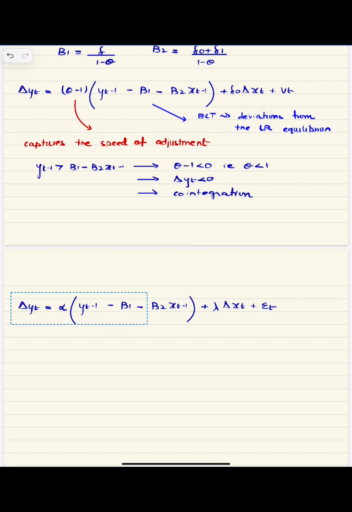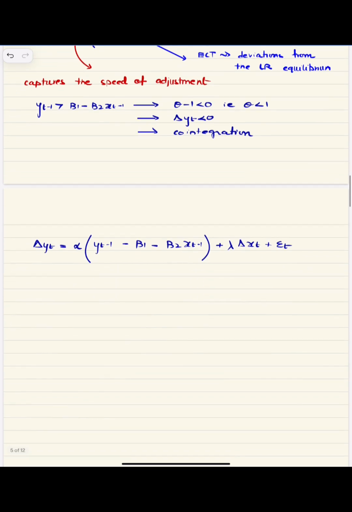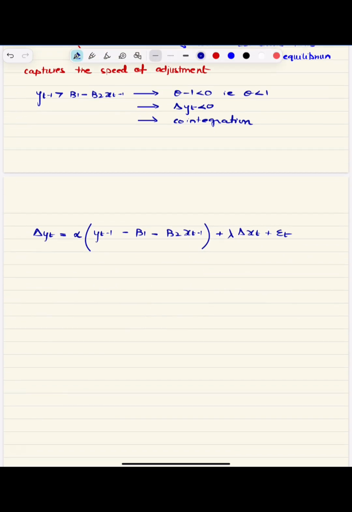Okay, so the way you can find out whether co-integration exists or not is, first you say that the error correction term, which over here is denoted by zt, is equal to yt minus beta 1 minus beta 2 xt, it should be stationary.